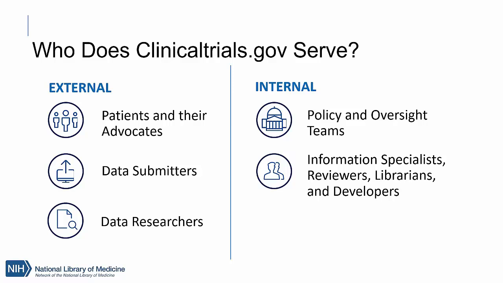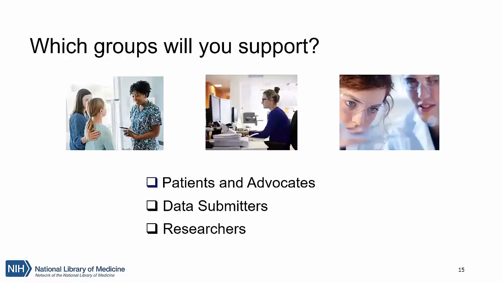They also serve data submitters of trial information and researchers or clinical researchers, which can represent both academic and commercial organizations. The internal groups that ClinicalTrials.gov serves include various policy and oversight teams, information specialists, reviewers, librarians, and developers. So what groups do you support or will you support?